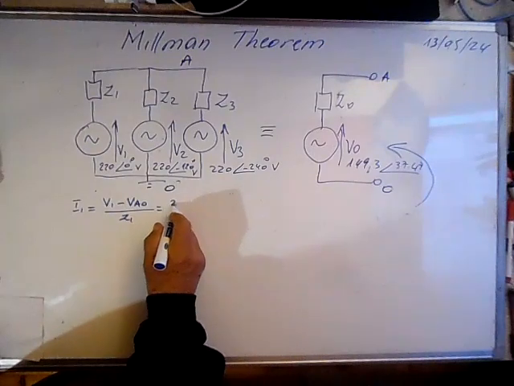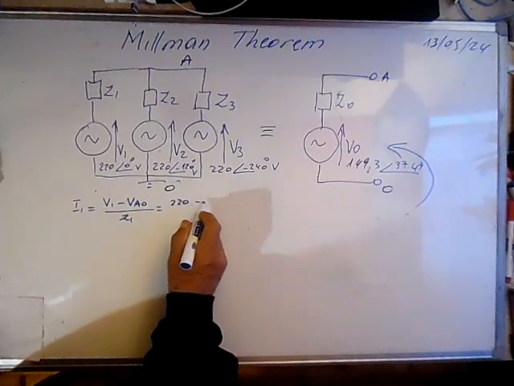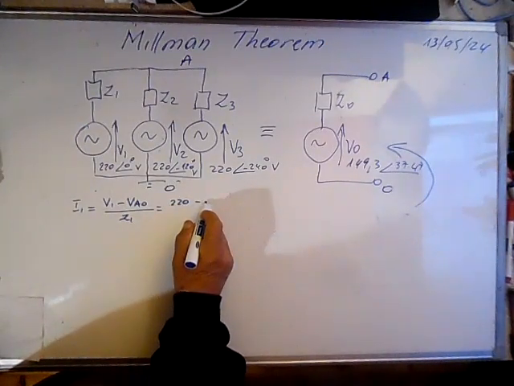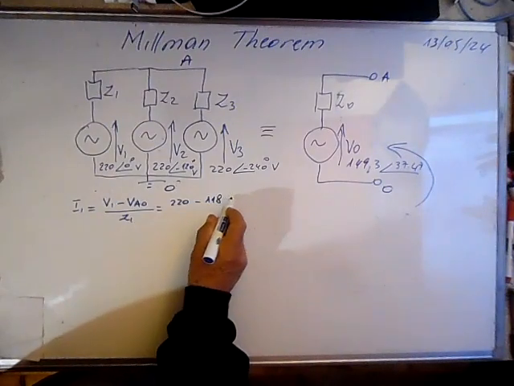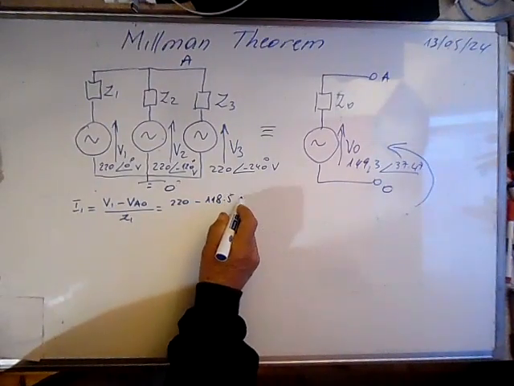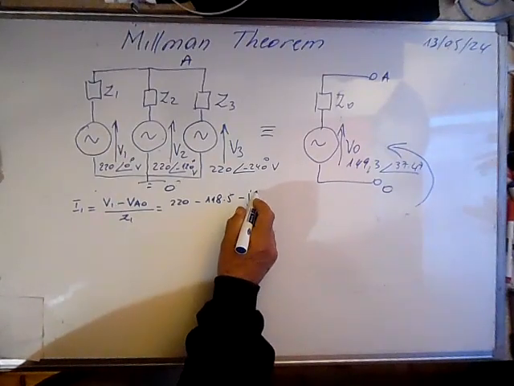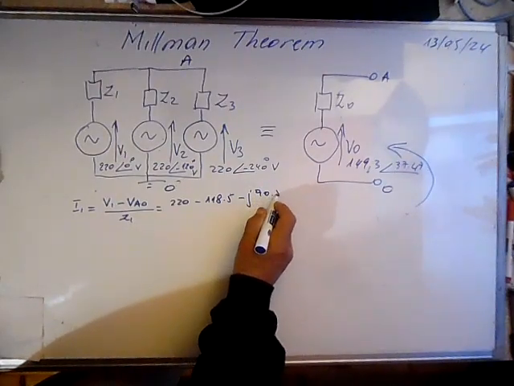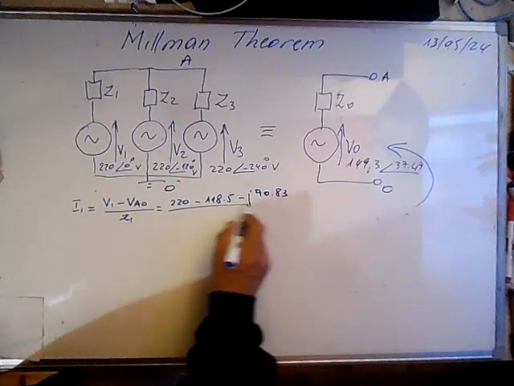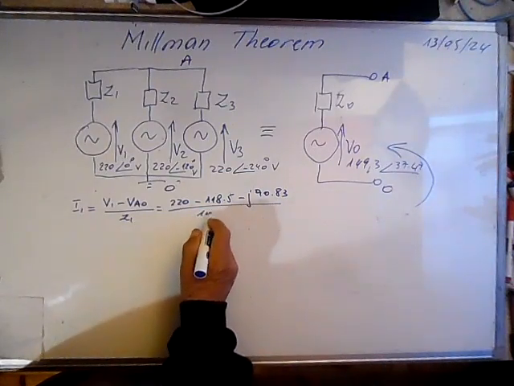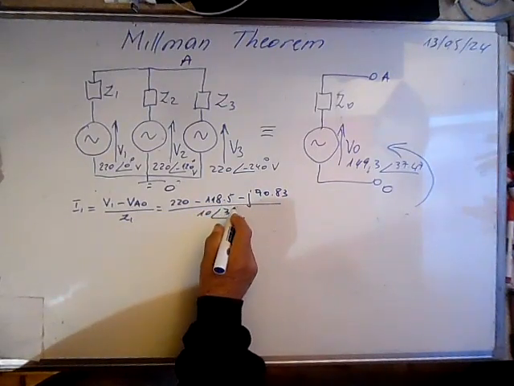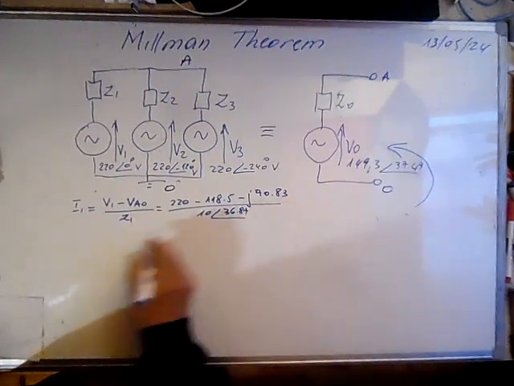So it's 220 minus 118.5 minus j90.83 (this is VA0) over Z1, which is 10 at 36.87.